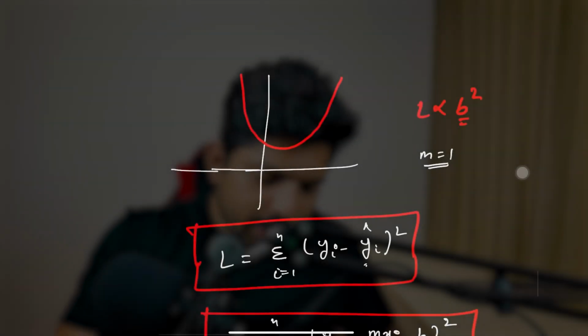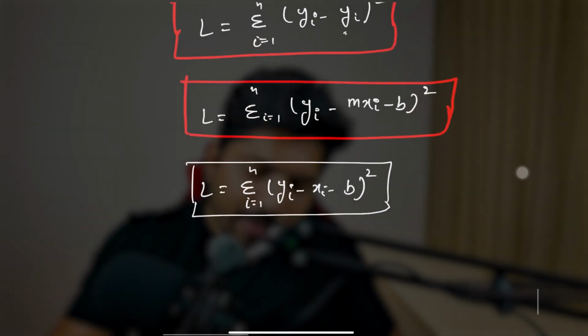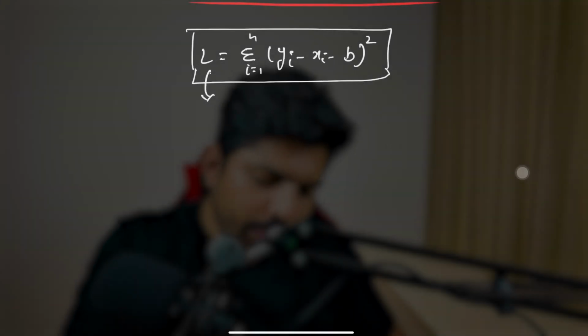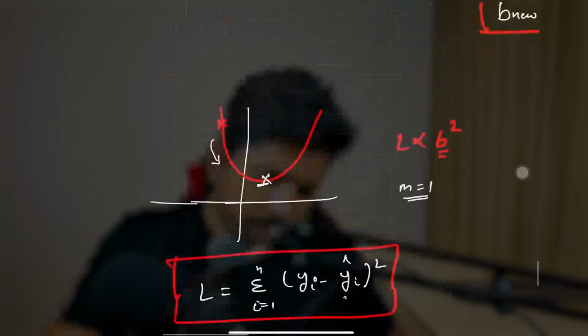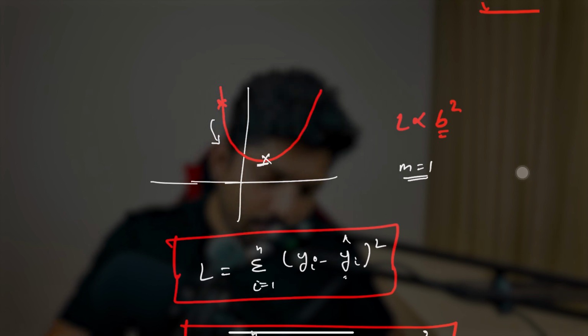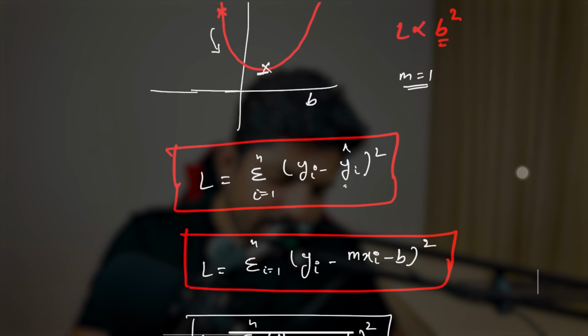Now the point is here, and we have to reach the local minima, right? So we want the value of b when the loss is minimum, right? And to find that, we can say the minimum is when b equals 0, right? Now to find the slope, we'll differentiate this L with respect to b, right? So here we want to find the slope, so we differentiate. So dL by db, and we know that this is b and this is L, right?